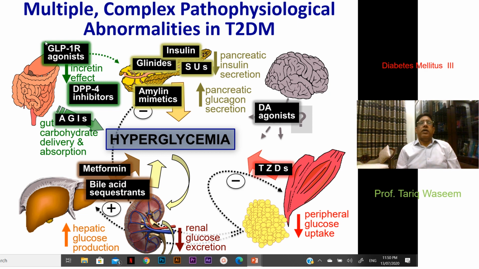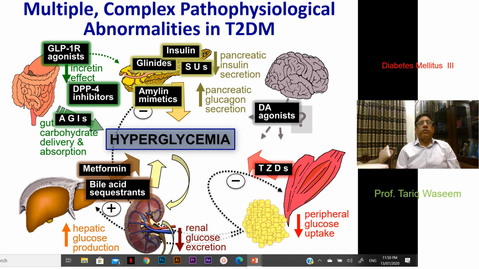When you come onto the gut, there is the incretin effect, we'll be talking about what it is, and then the agents like DPP4 inhibitors and the centrally acting glucagon like peptide 1 receptor agonists, and similarly alpha glucosidase inhibitors.